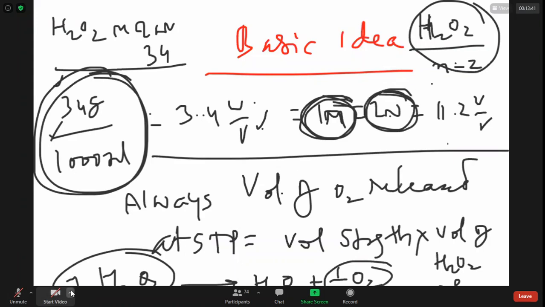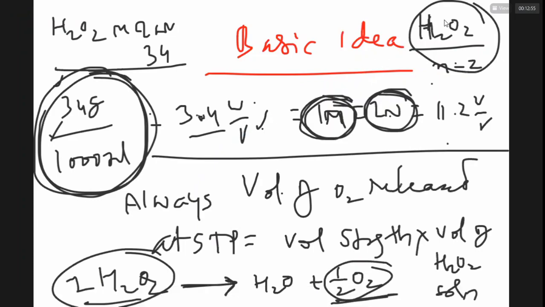This 34 grams in 1000 ml means 3.4 grams in 100 ml, so I call it 3.4 W by V. One H2O2 on decomposition gives half O2. 1 mole gives half mole. At STP, 1 mole of any gas occupies 22.4 liters, so half mole occupies 11.2 liters.